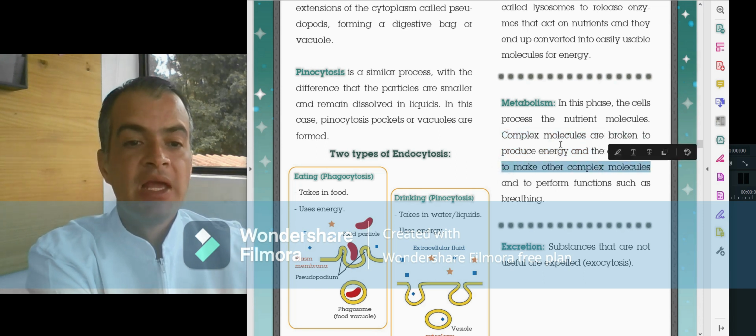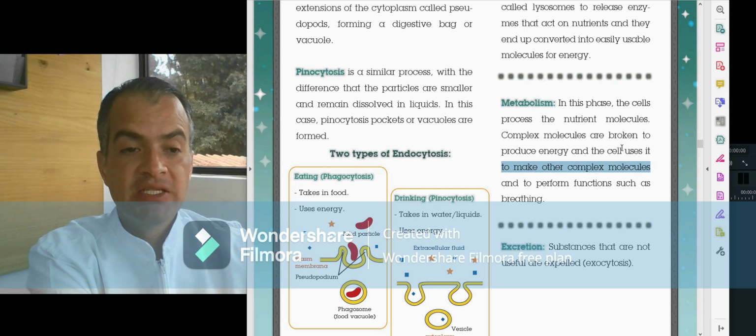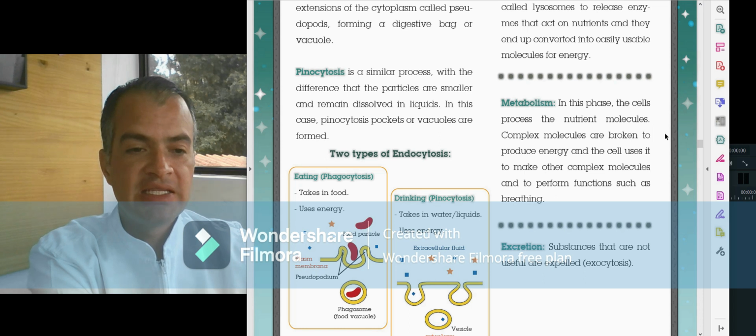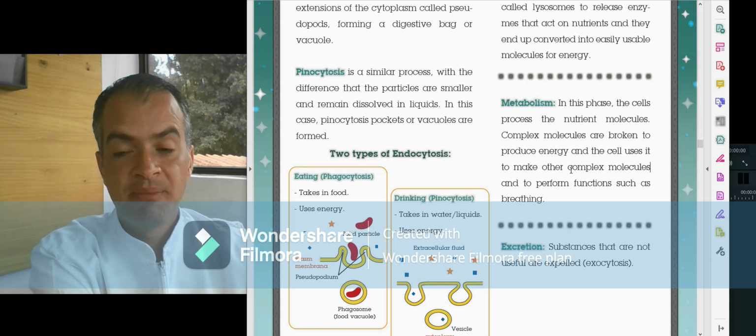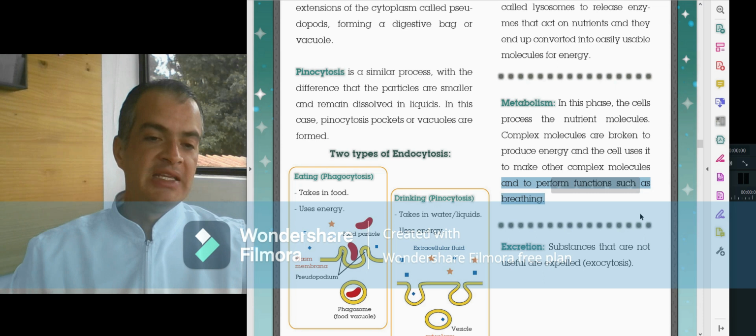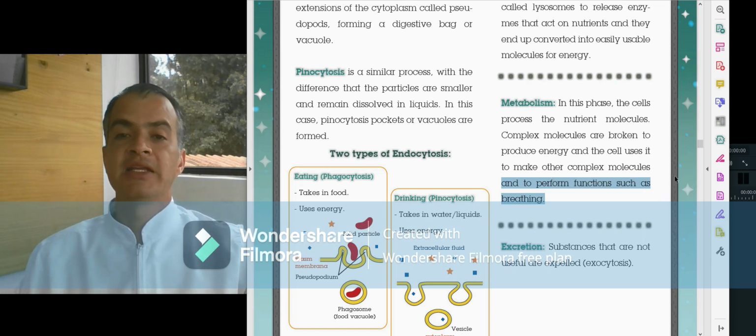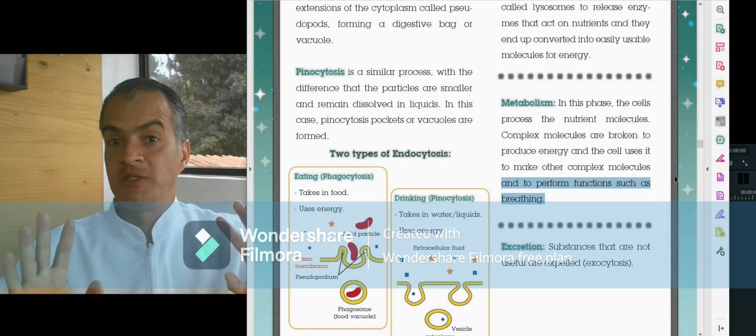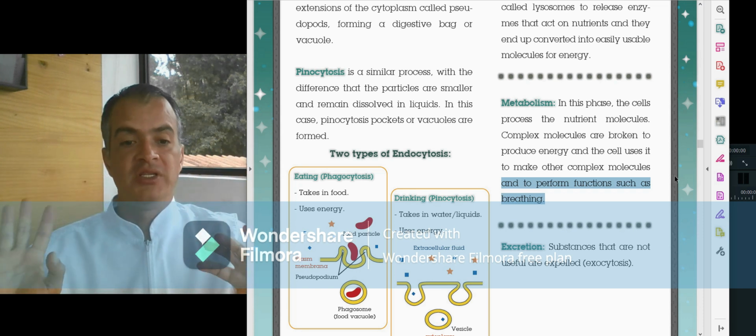Entonces dice, las moléculas complejas se rompen para producir energía y las células las usan para producir otras moléculas complejas. And to perform functions such as breathing, para poder realizar funciones como la respiración. Ojo, no solo la respiración, todas las funciones vitales.